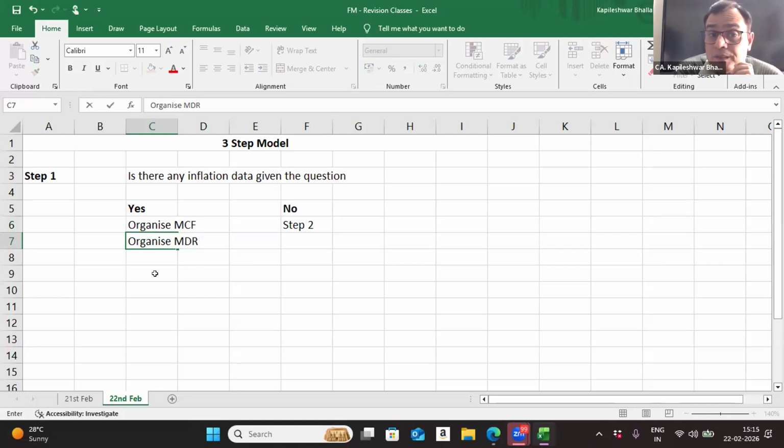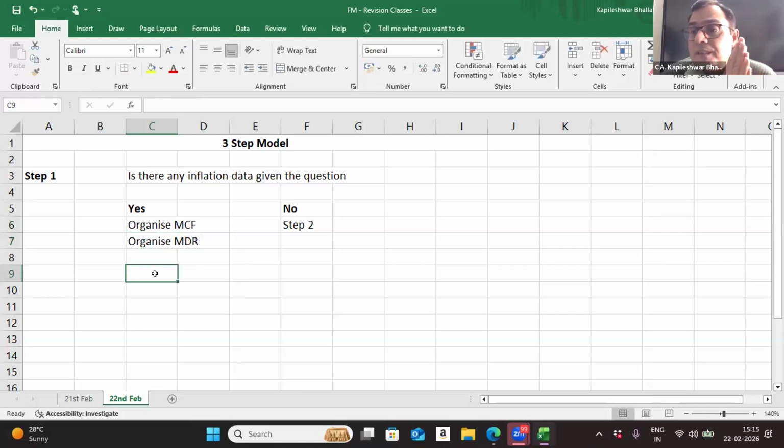Let me also tell you one thing very clearly. It is always the preferable approach that you should organize MCF at MDR, though if you discount the RCF at RDR, the results are the same.